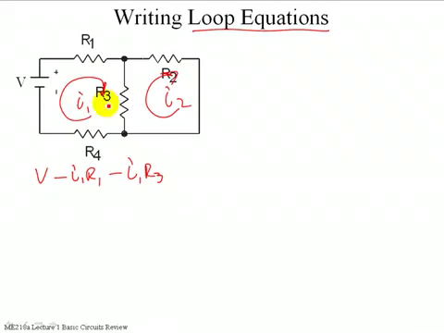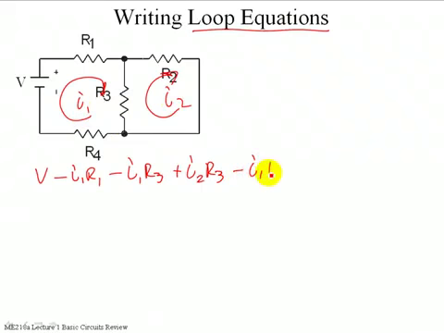So we're looking at the loop for I1, but R3 has not only the current loop from I1 running through it, it also has the current loop from I2, and it's flowing in the opposite direction. So you need to be sure and capture that sign change, I2 times R3. That represents the voltage drop across R3 due both to I1 and to I2.